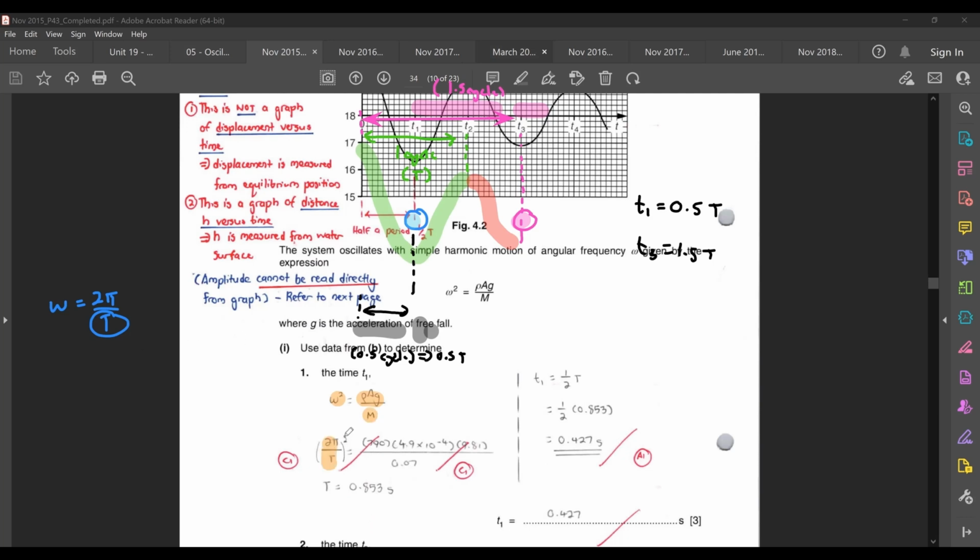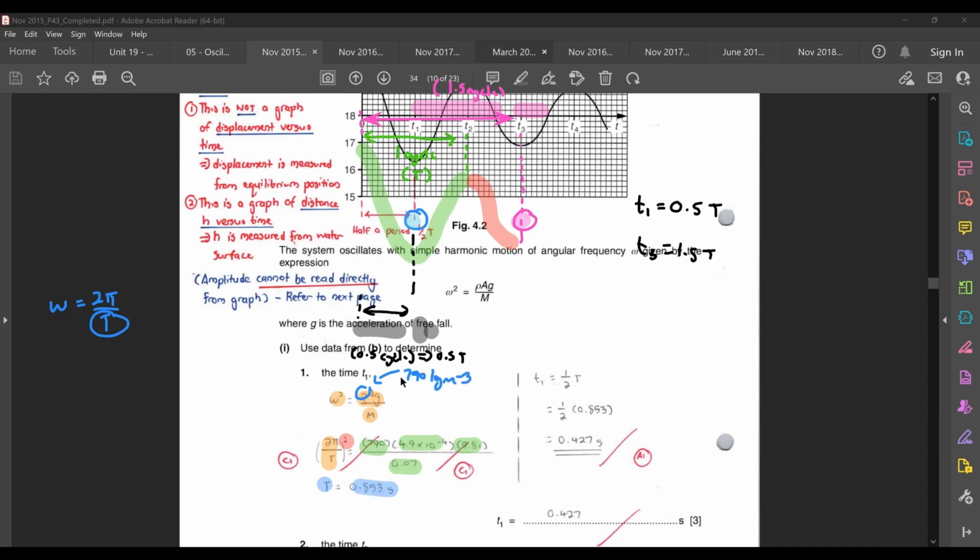Substitute omega as 2 pi over T. Make sure you square it. And then sub in all the relevant values: the density, the area, the gravitational acceleration, and finally the mass. You should be able to get your period as 0.853 seconds. Okay, so in your case, your density here is 790 kg per meter cube.